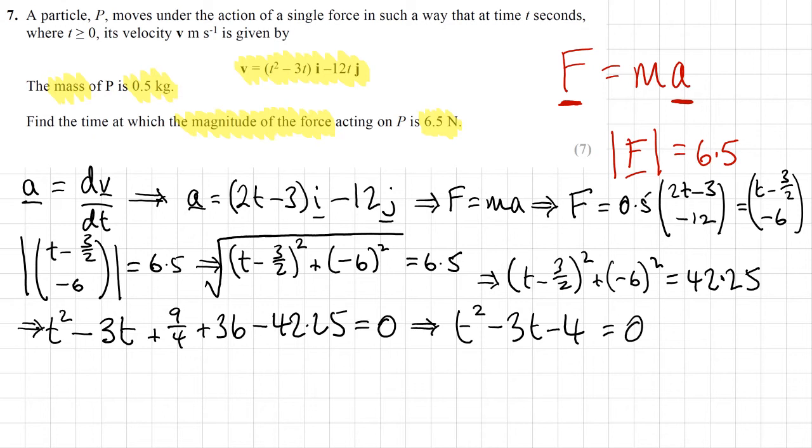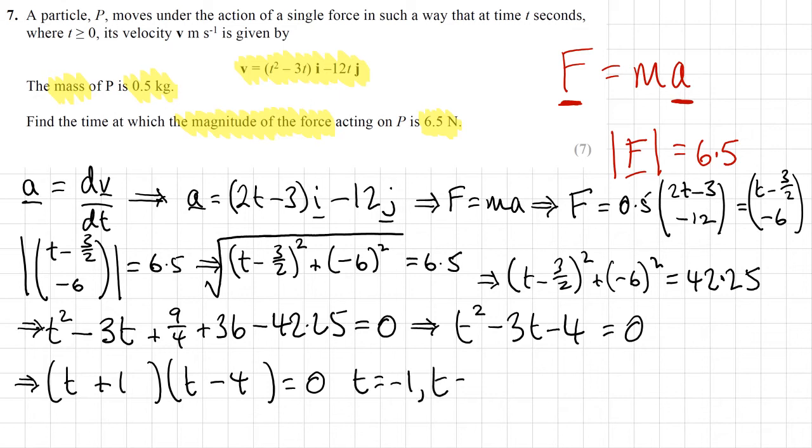That's easy enough to factorise. So I'll have t, so it's going to be 1 and 4, isn't it? So minus 4 plus 1, that works. So that gives me t is equal to negative 1, t is equal to 4. So it can't be negative 1, because we've been told in a question up here that t is greater than or equal to 0. So that just leaves t equals 4 seconds. So that's the time when the magnitude or the size of the force is equal to 6.5 newtons.